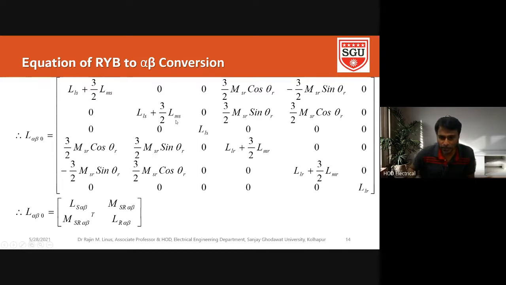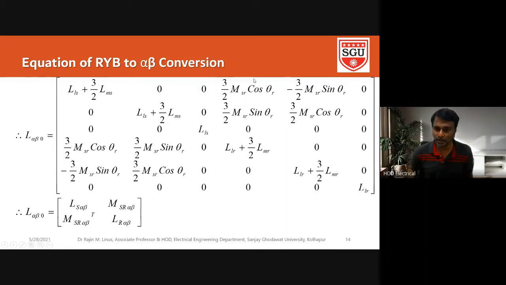Therefore, this matrix is called LS in the alpha beta matrix, that means the stator inductance in the alpha beta reference frame. This is called the rotor inductance in the alpha beta reference frame, where L is the leakage inductance affecting the zero axis. Therefore, LR matrix in the alpha beta.